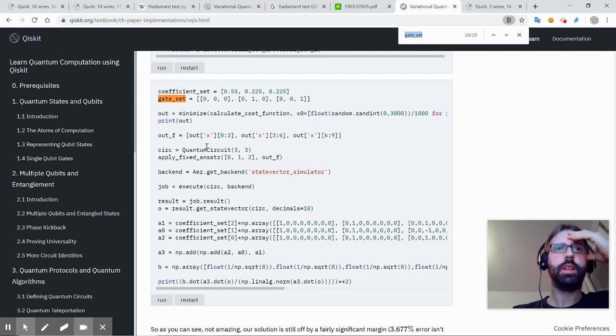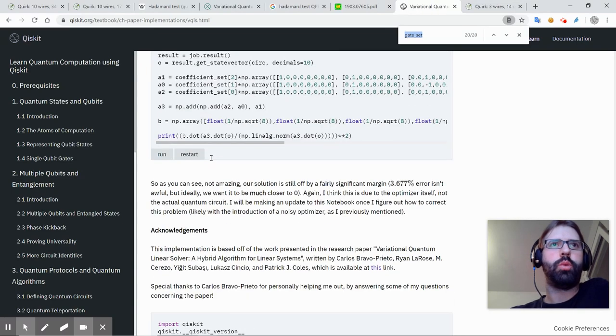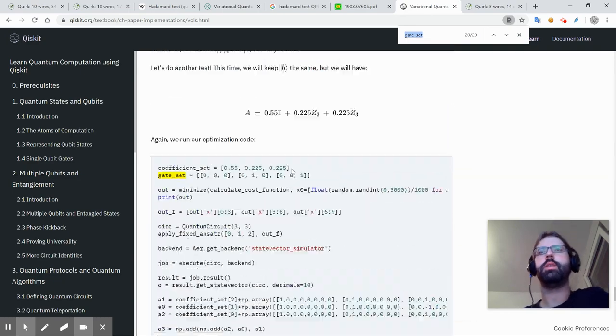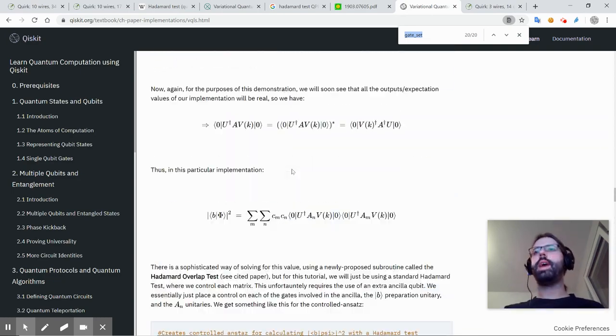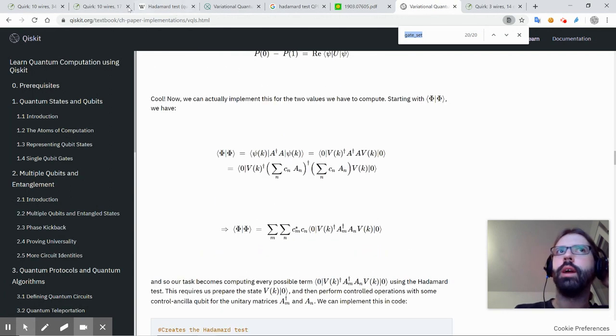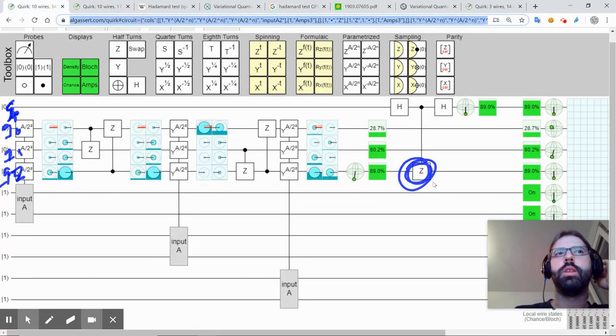Coefficient set, gate set. Just set it like that because, hey, why not? It's cool, right? So they just come out with a gate set like this. Where does it come from? Whatever. Okay, so I gotta dig into this a bit more. But now I understand this is not a specific thing. Like it just lost like an hour for these, but whatever.